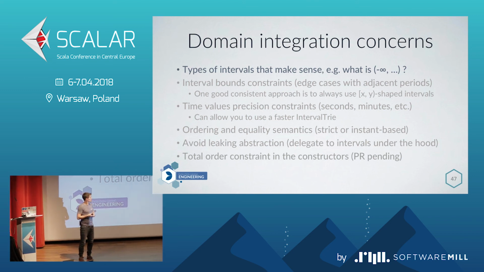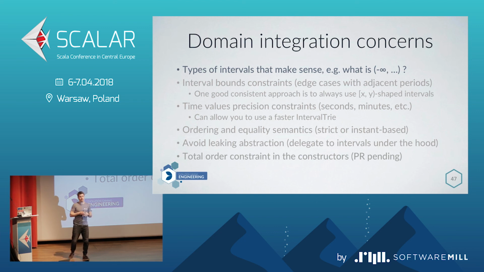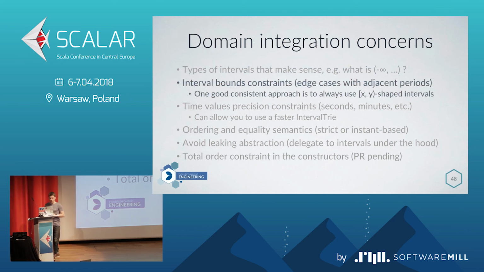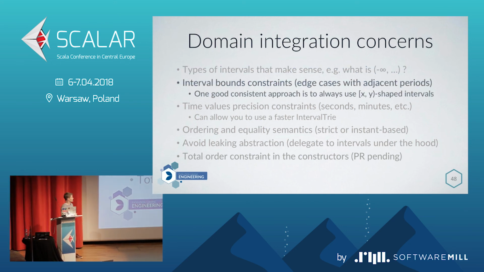The first one is kind of a continuation of what I was talking about on the previous slide: before starting to use this in your applications, you have to really think about what makes sense and what doesn't make sense. For example, does negative infinity make sense for you when you model your domain with Spire? Interval boundary constraints are also very important.